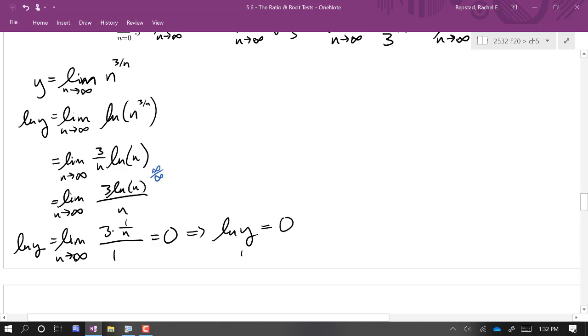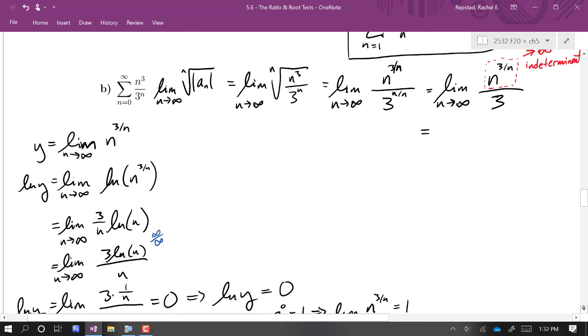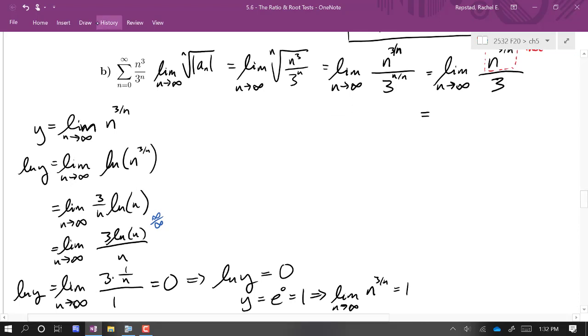What we wanted was y. That means y is equal to e to the 0, which is 1. And so the limit as n approaches infinity of n to the 3 over n is 1. And that's what I'm going to plug in up here.